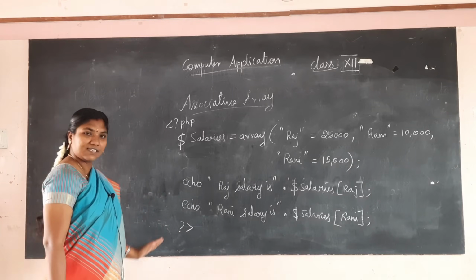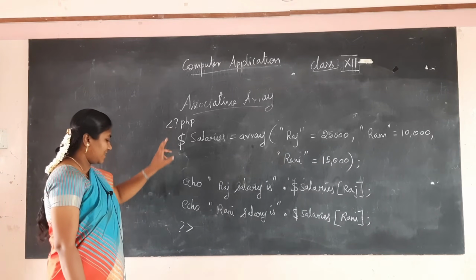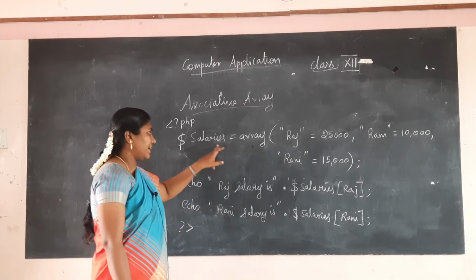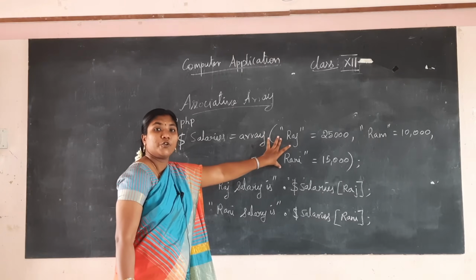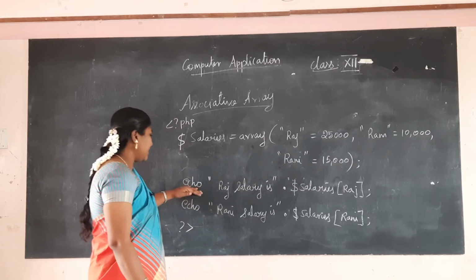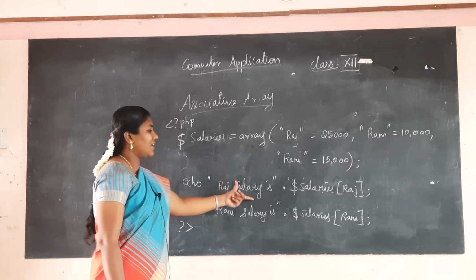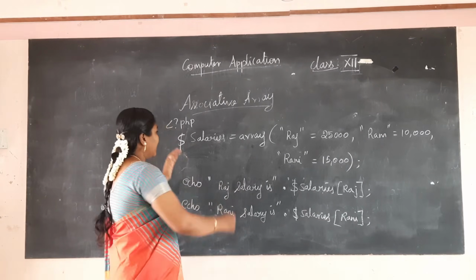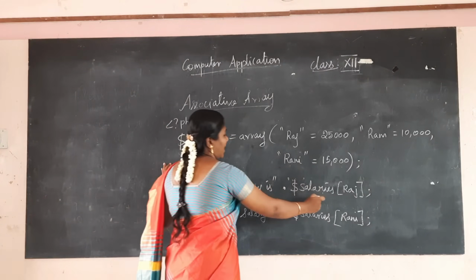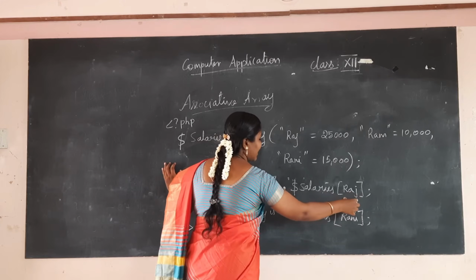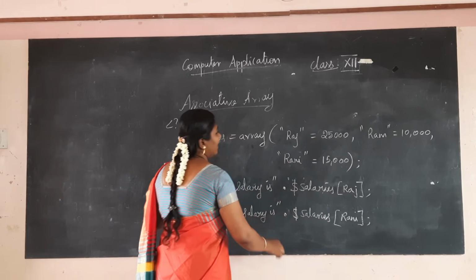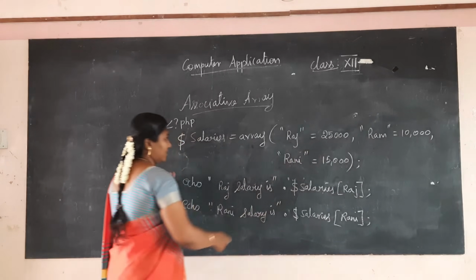Consider this as a simple PHP program. Here I have created one with 3 string indexes, and now I am going to print. So echo Raj salaries. Where is the Raj salary? Salaries Raj. The name index has the string index. So Raj salary will be the salary of Raj.